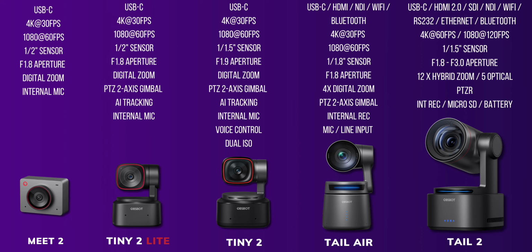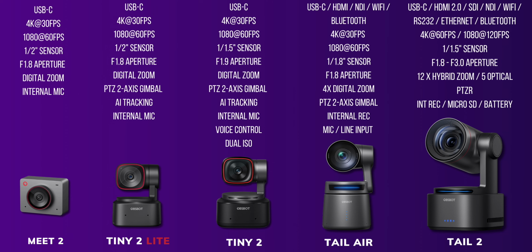All of them support 4K up to 30 frames per second. Some go higher, of course. Obviously the flagship one here, the Tail 2, goes to 4K 60 frames per second, 1080p at 120 frames per second, better sensor, better in low light, all that kind of thing.